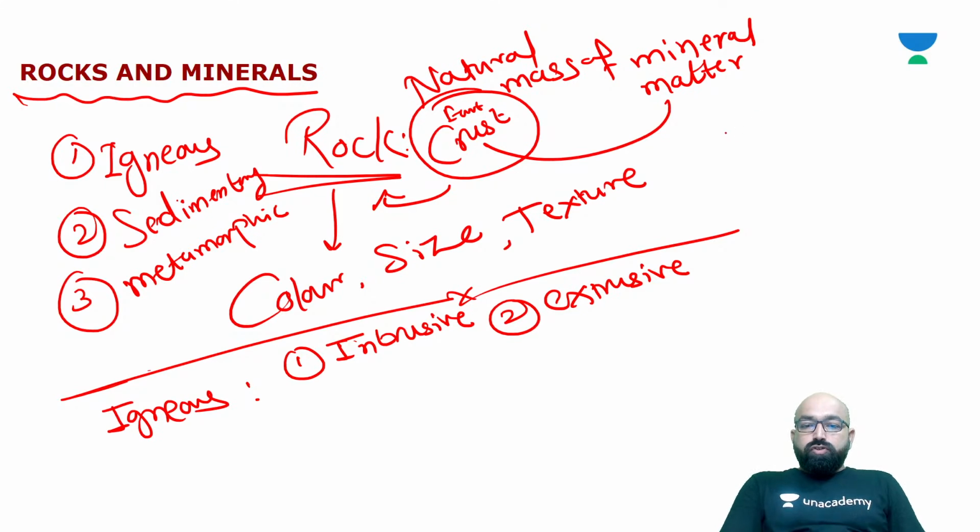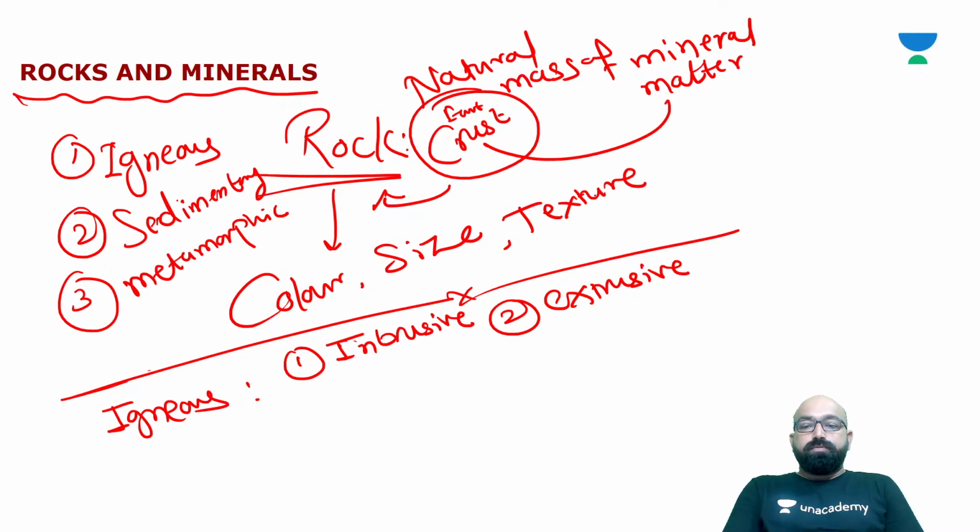Lava is fiery red molten magma coming out from the interior of the earth onto its surface. When this molten lava comes onto the earth's surface, it rapidly cools down and becomes solid.